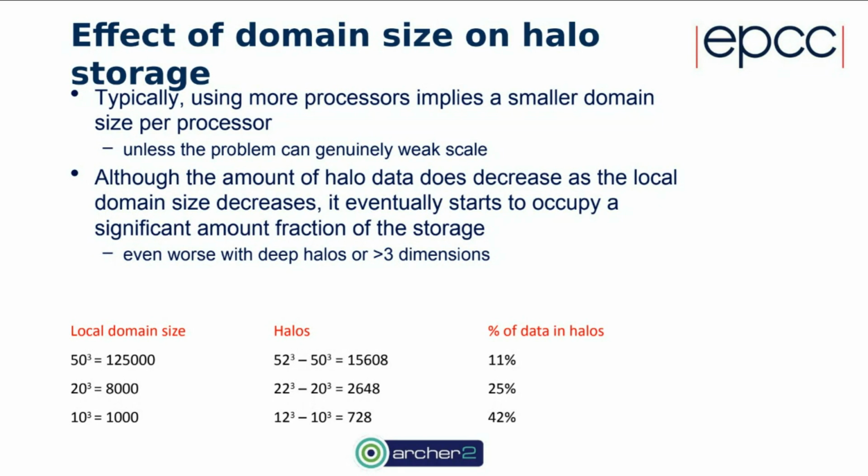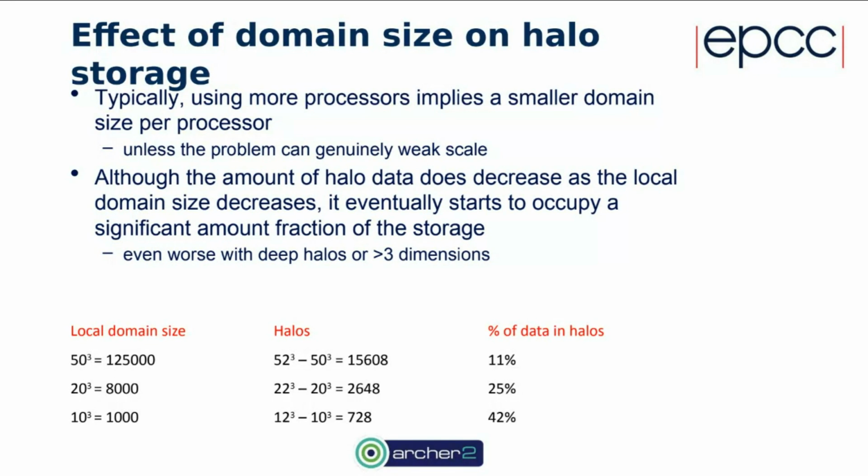But just to illustrate, suppose you think about a domain decomposition where the local domain size is 50 cubed, so it's a 3-dimensional domain which is 50 by 50 by 50 cells, then the halos occupy about 11% of the memory associated with that.